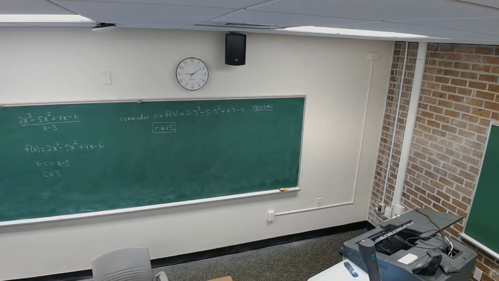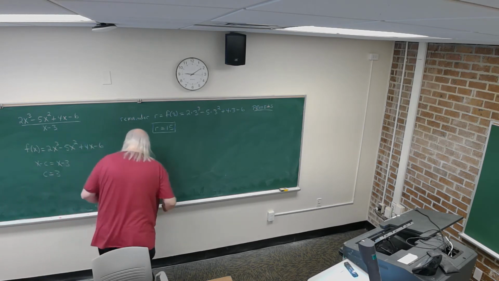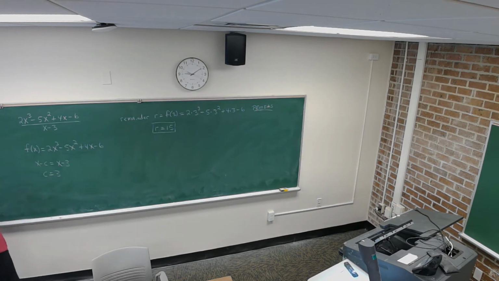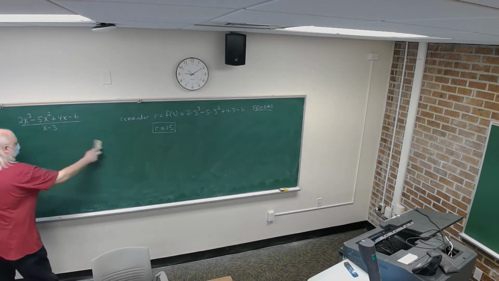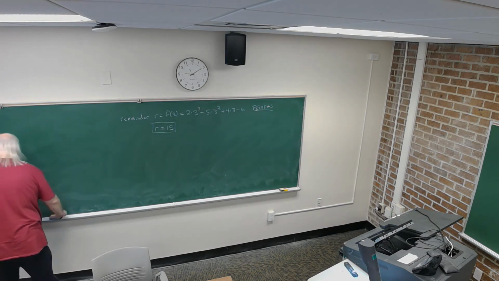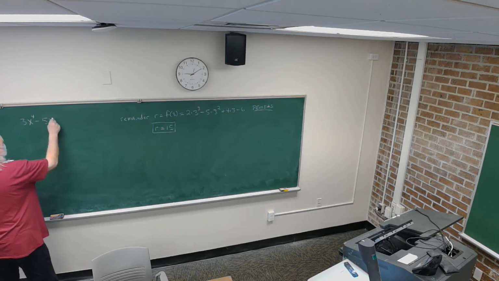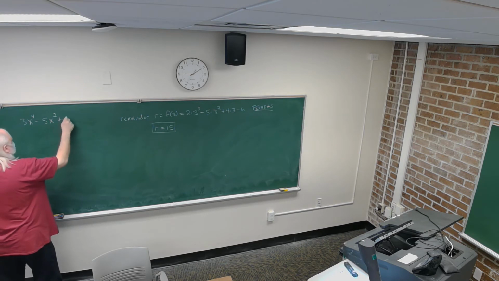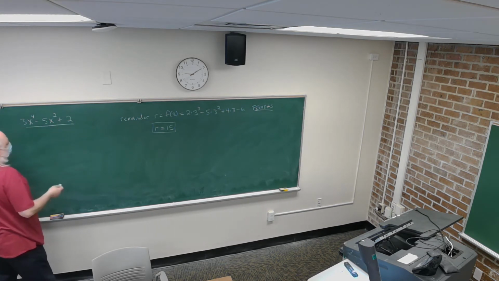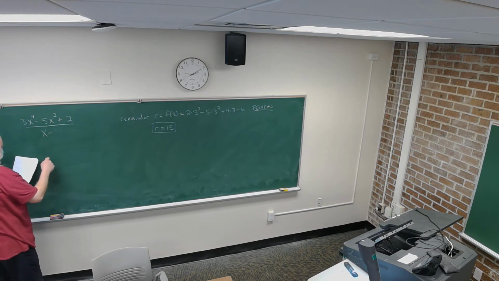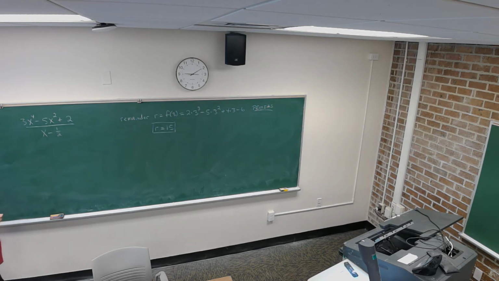Example 4 says use the remainder theorem to find f of c for f of x equals that fourth degree polynomial when c is equal to 1/2. So in example 4, we're taking the fourth degree polynomial 3x to the fourth minus 5x squared plus 2, and we're dividing by x minus c, which is x minus 1/2 in this case.